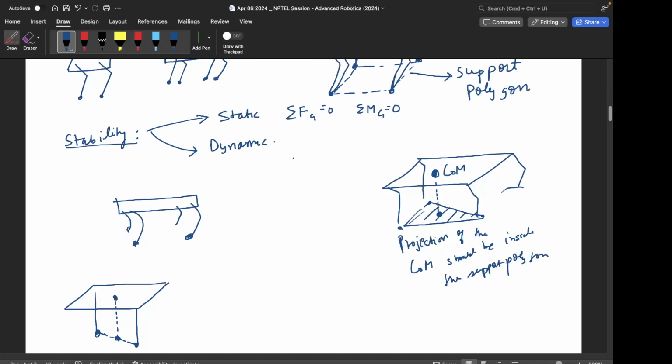And yes, as you would imagine, maintaining static stability at all times reduces the speed of motion. Okay, and so faster motion is possible when we use dynamic stability criteria in our motion generation and not static stability criteria.